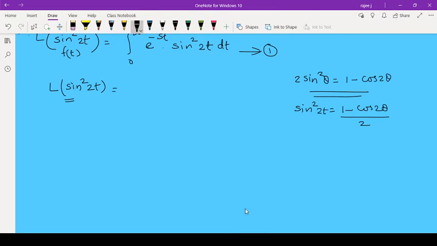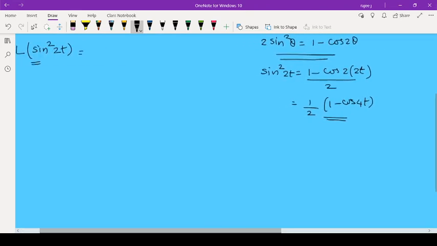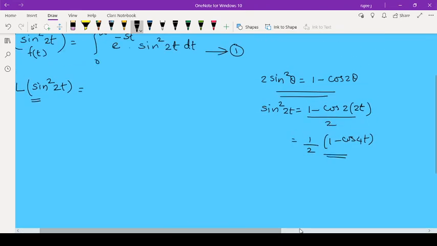So here also instead of theta, what will I have? 2 into, instead of theta, I have 2t. So this will be 1 by 2 into 1 minus cos 4t. So sine square 2t I will replace by 1 minus cos 4t upon 2.